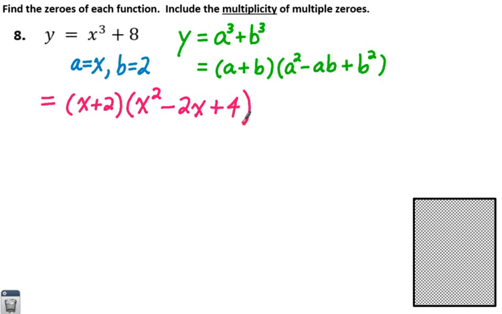Alright, now we want the zeros, so when we factor, we're going to set it equal to 0. And then, as always, we set each factor equal to 0.